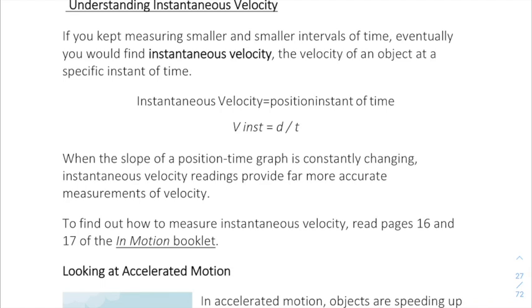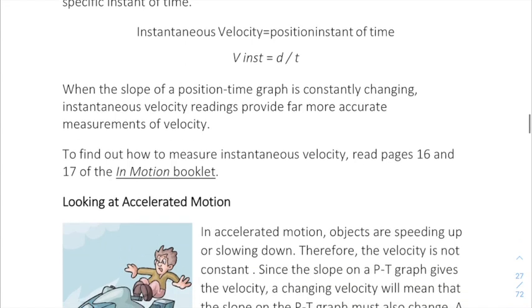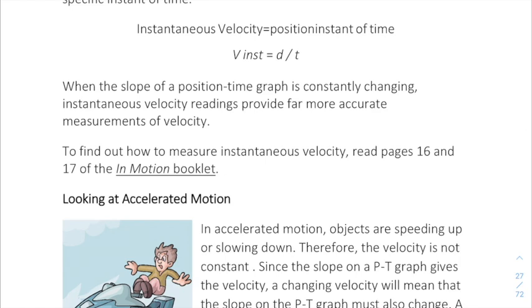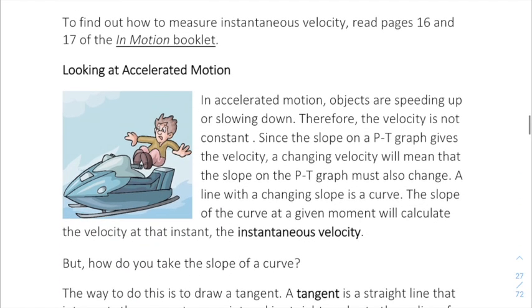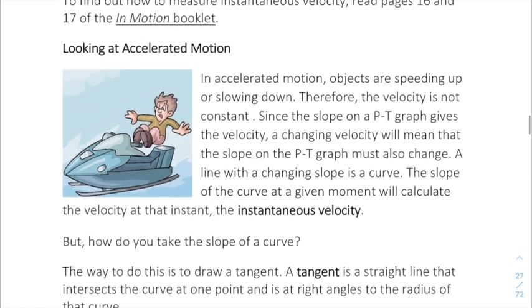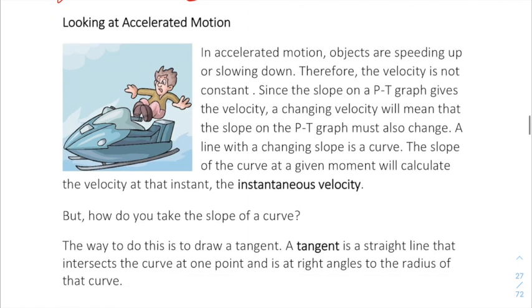When the slope of a position time graph is constantly changing, instantaneous velocity readings provide far more accurate measurement of velocity. To find out how to measure the instantaneous velocity, read pages 16 and 17 of the In Motion booklet. Well, I don't think that's true in this booklet, so we're going to have to cross that out. Measuring them is actually incredibly challenging.